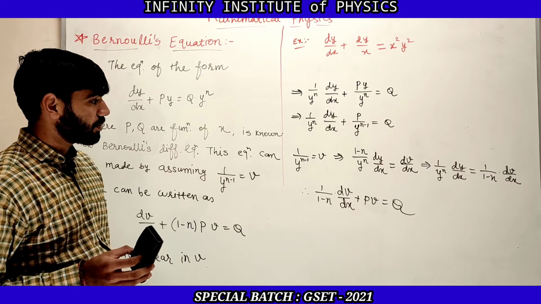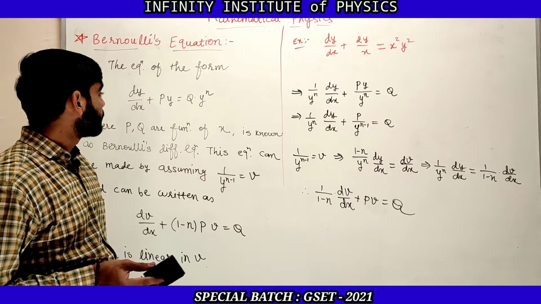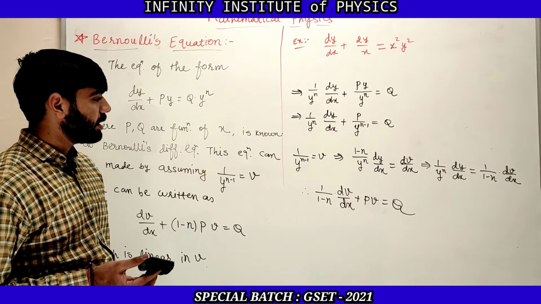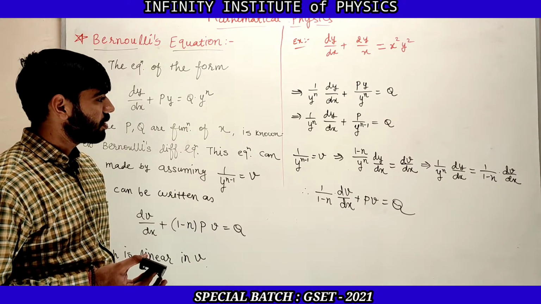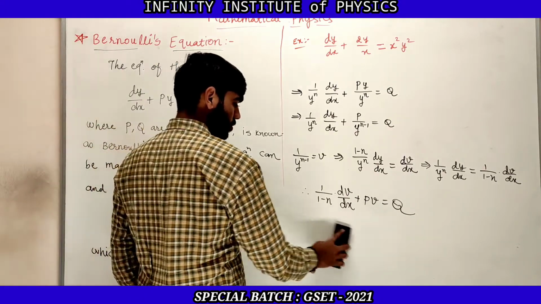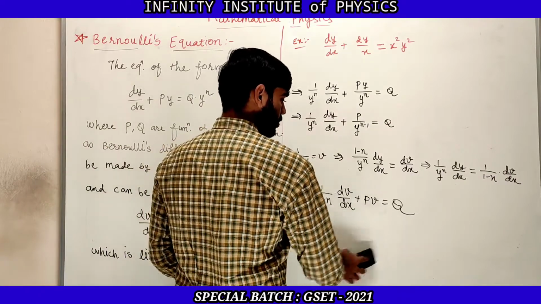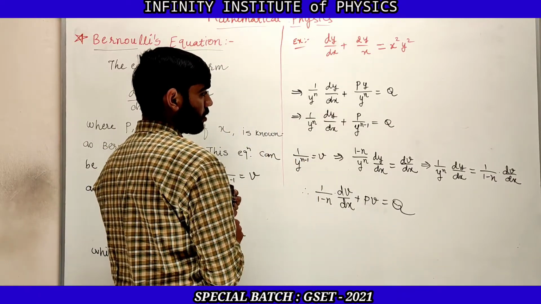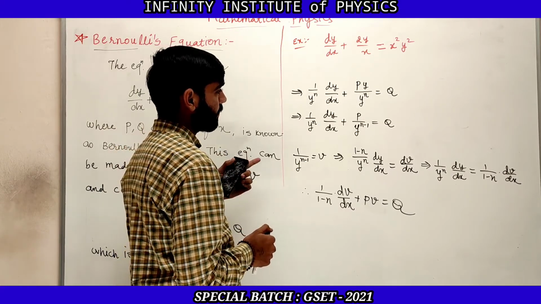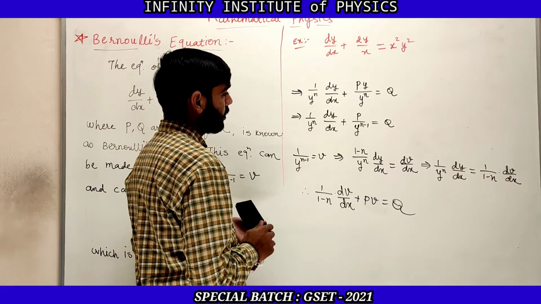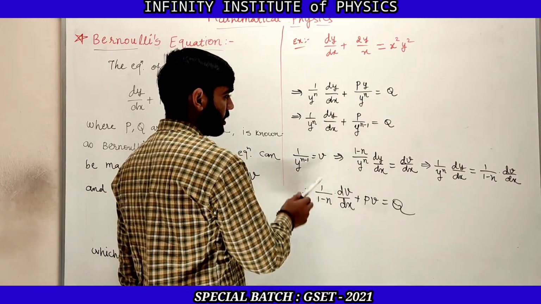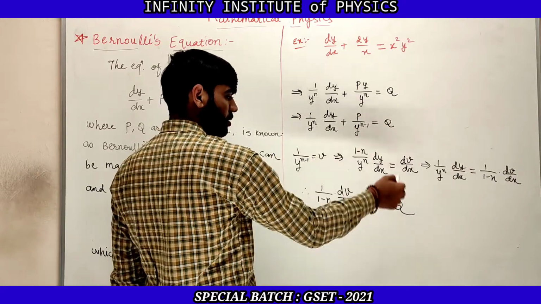Yes, that is a problem. p upon y raised to n minus 1, which is equal to q. We have multiplied it by that y raised to n, q will remain as it is.